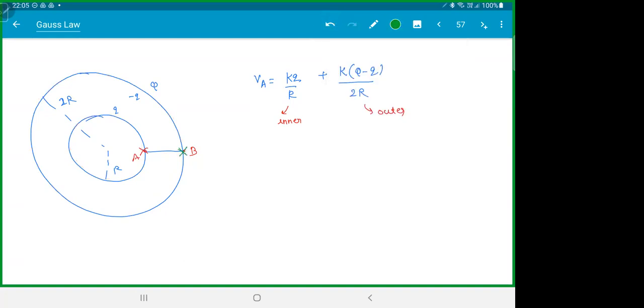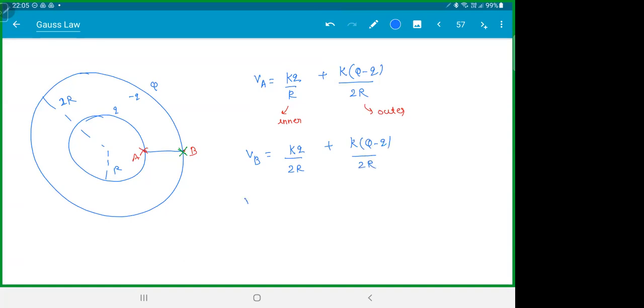Next thing, point B is here. For the inner shell, where is B? Outside. For the outer shell, where is B? Outside, on the surface. So potential at B will be KQ by 2R plus K, the charge on the outer shell, by 2R.